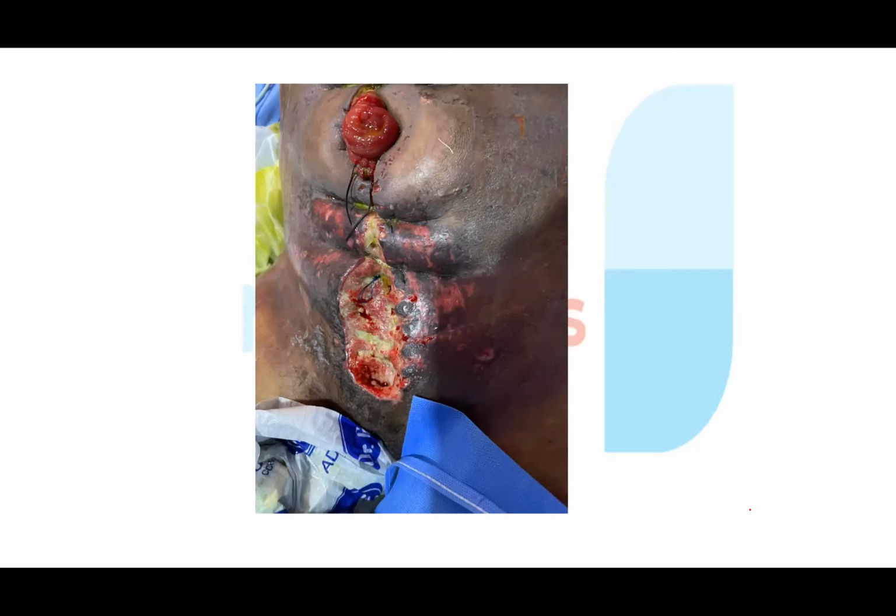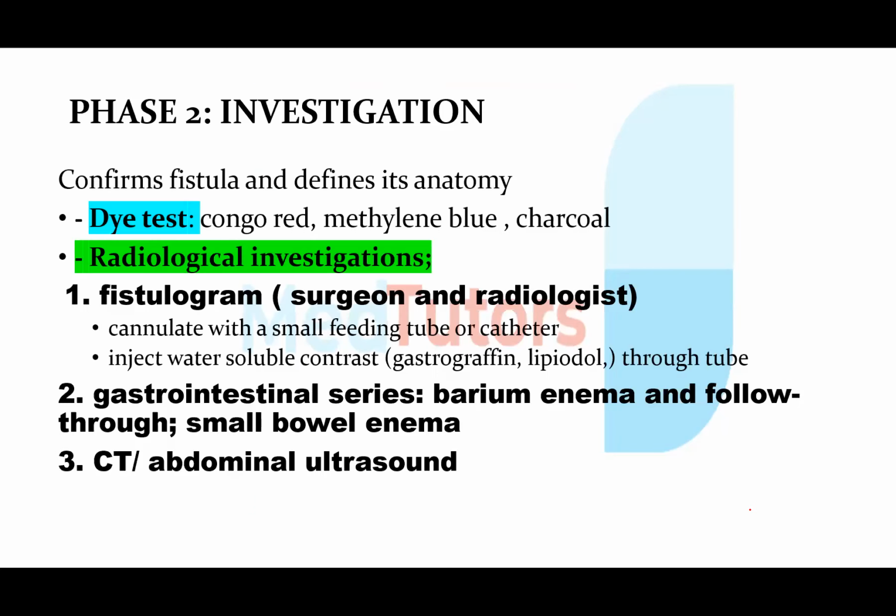This is a patient that I managed with a very difficult fistula. I'll give you a small gist about this patient, the case scenario of this patient. Now, don't forget, we said the management of enterocutaneous fistula is done in phases.